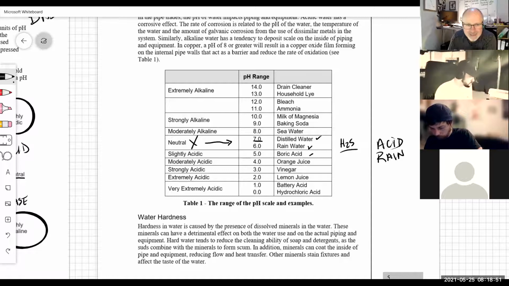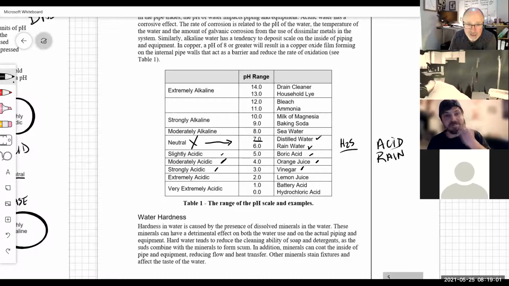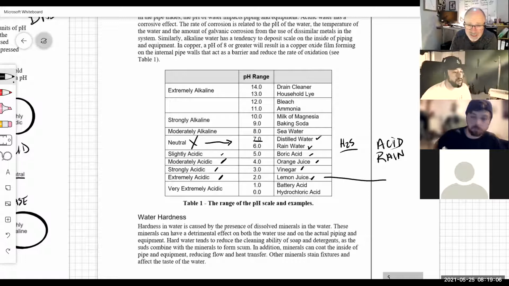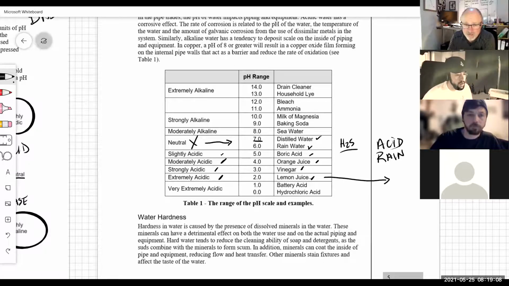So look, boric acid is just slightly acidic. Orange juice, look at this. Orange juice is moderately acidic. Vinegar, strongly acidic. Lemon juice, extremely acidic. So listen, if you have problems with acid reflux, lemon juice is not your friend. It's just going to create more acid in your stomach.